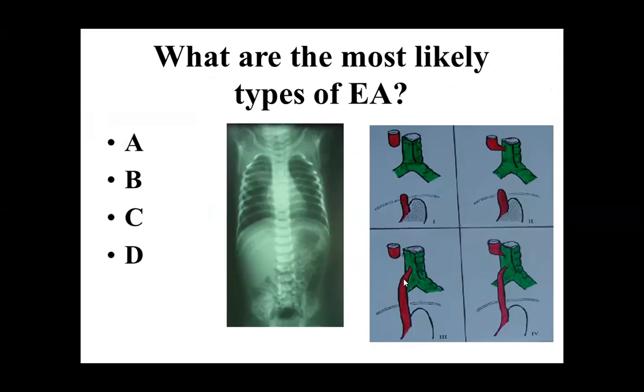And this is very important information as this will influence your strategy. If you have type A or type B, the gap is very important and you have a particular strategy. But if you have type C or type D, here you can perform a primary anastomosis. The other information that you can have from the plain X-ray is the associated malformations.